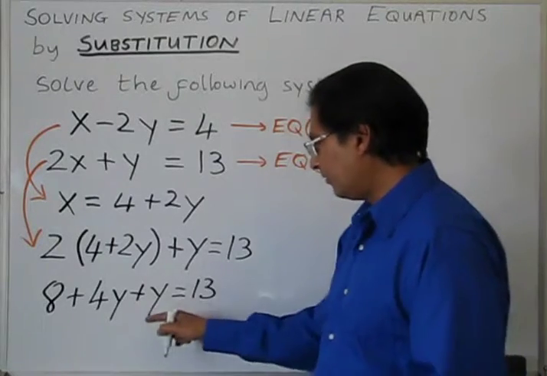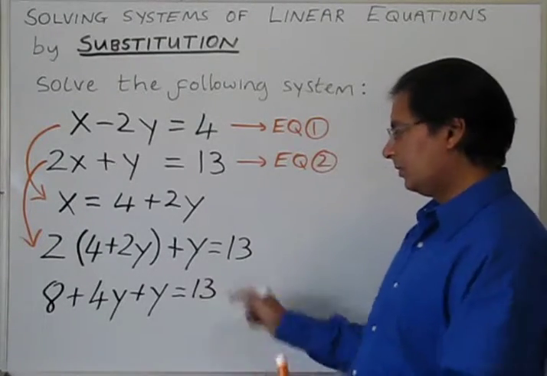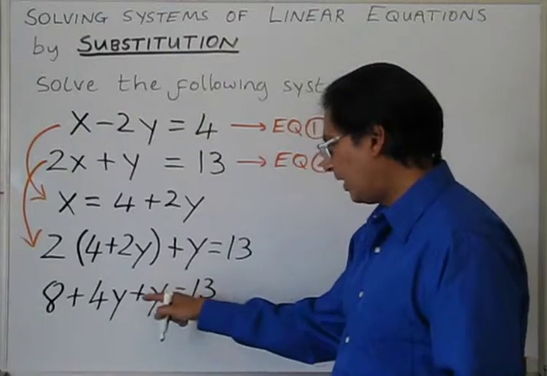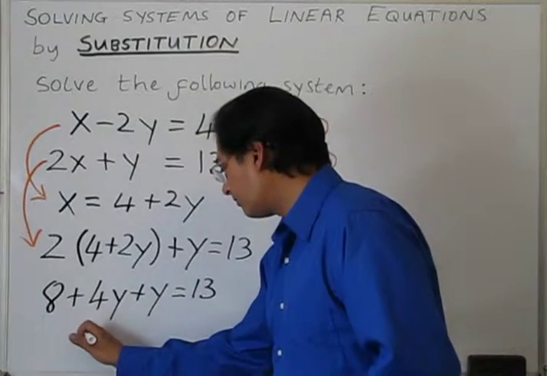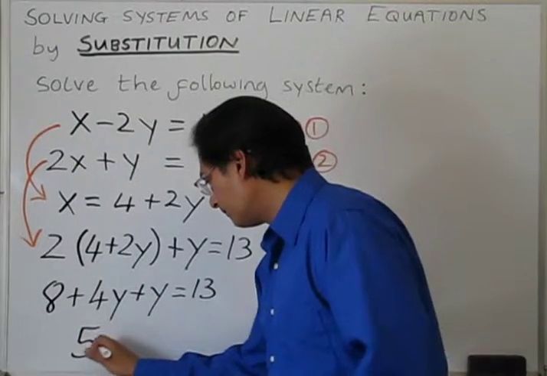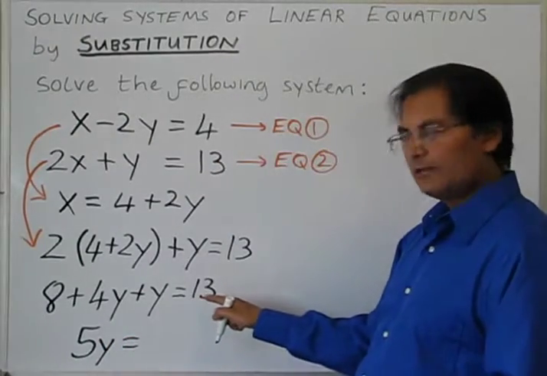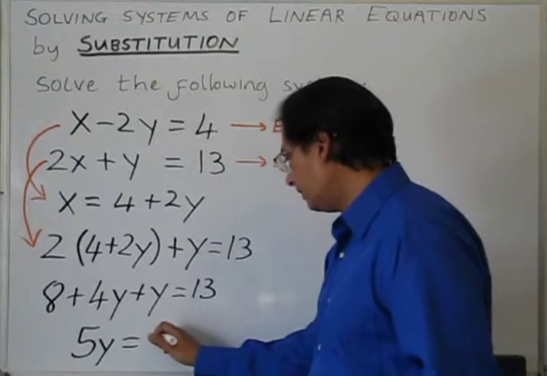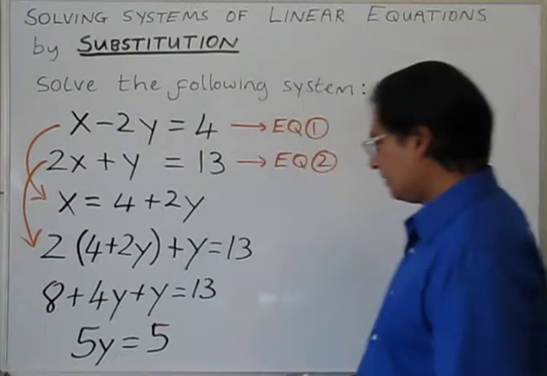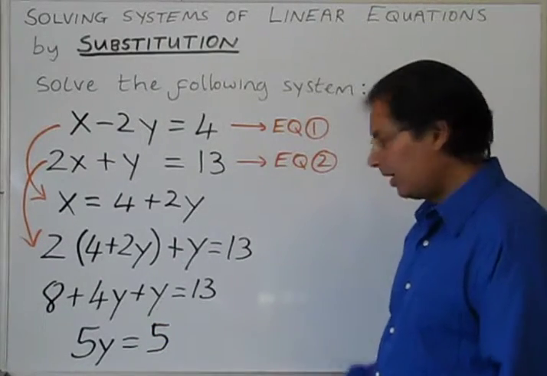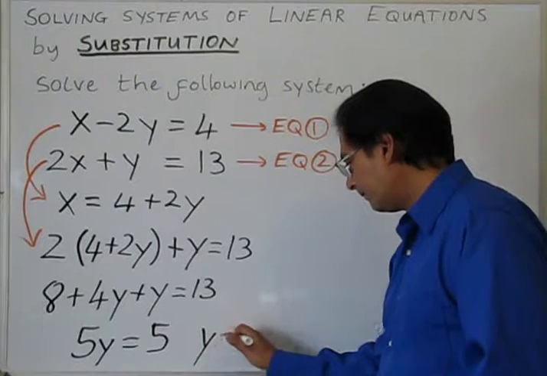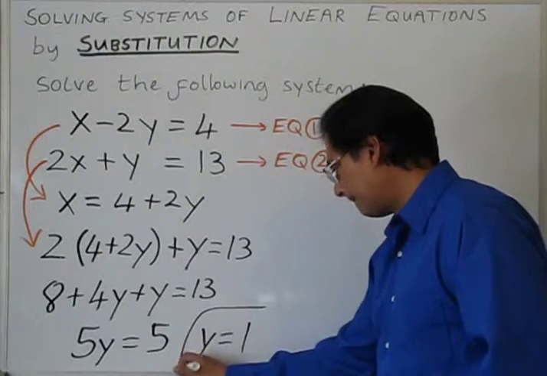And then we add the y's together and move the 8 over. 4y plus y is 5y, equals, and we subtract 8 from both sides, 13 minus 8 is 5. And finally, if we divide both sides by 5, we see y is equal to 1.